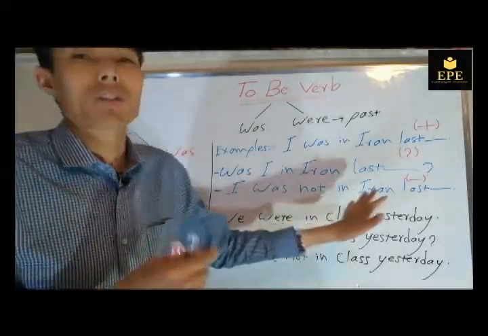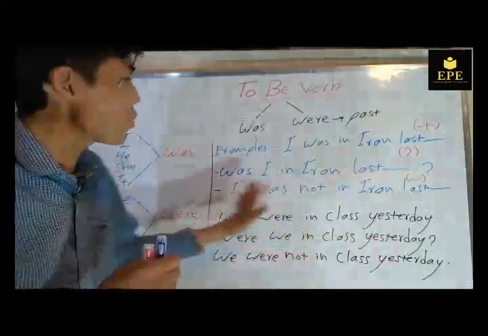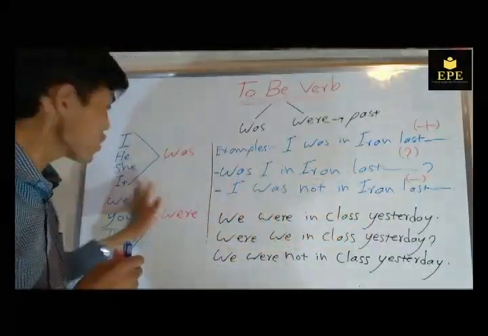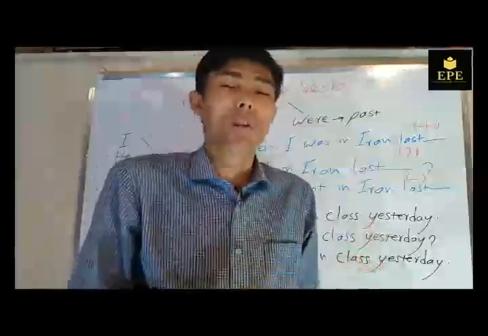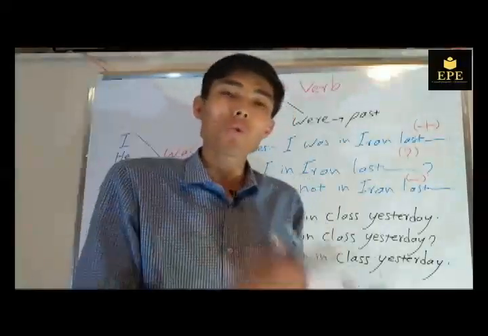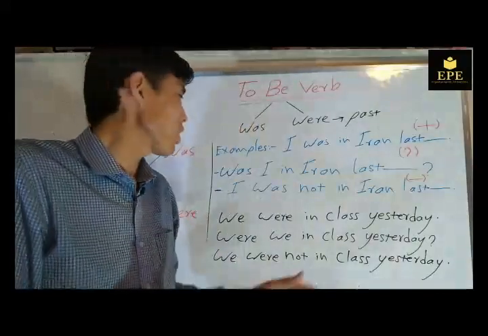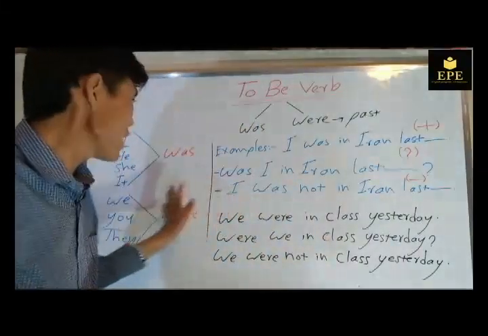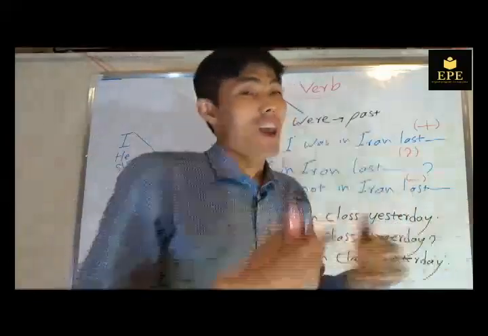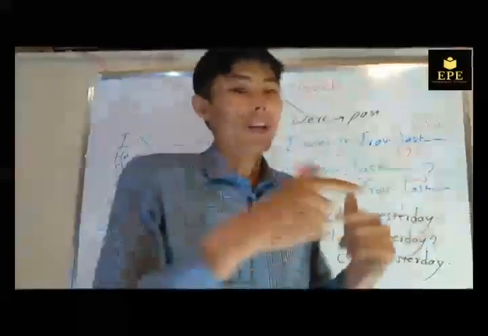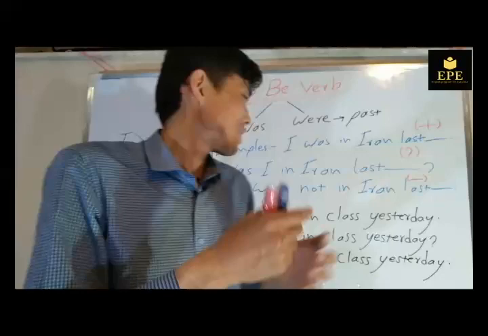She was not in Iran, or he was not in Iran. It was not in Japan, in India, for example, in Korea, in Europe, in America. For example, it was not in America last year, last week, last night, like this.